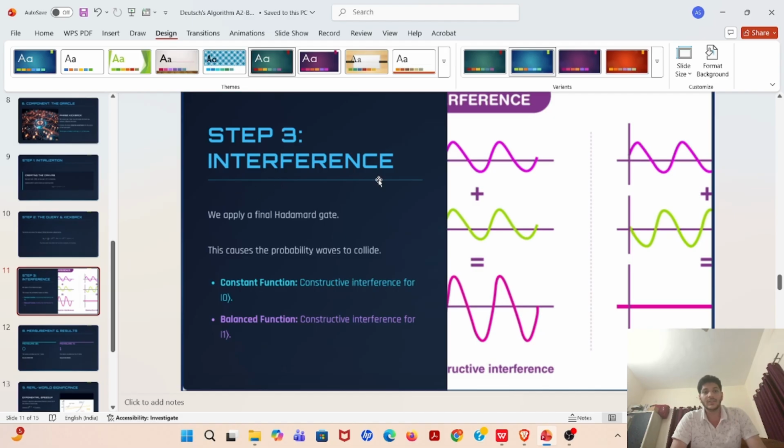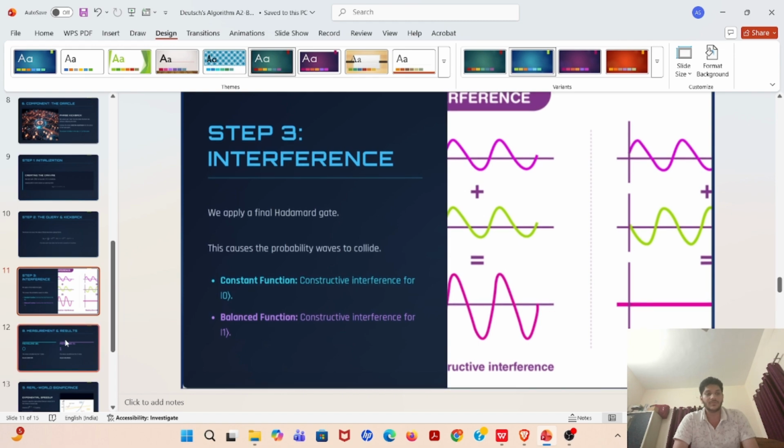Next is the interference. When we apply a Hadamard gate, in the constant function there is constructive interference for the zero state, whereas in the balanced function, constructive interference is for the one state.